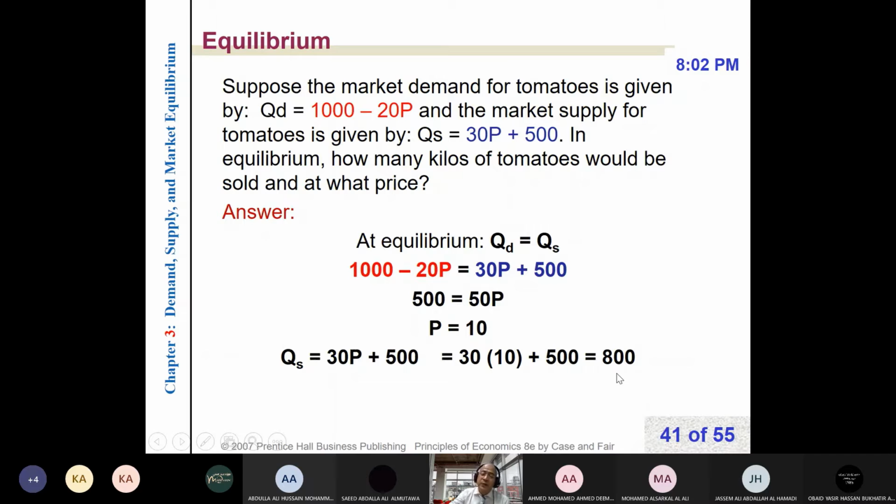So 800 units is the equilibrium quantity, or the quantity that will be sold or purchased, because quantity supplied equals quantity demanded. Is it easy? Do you have a question till now?